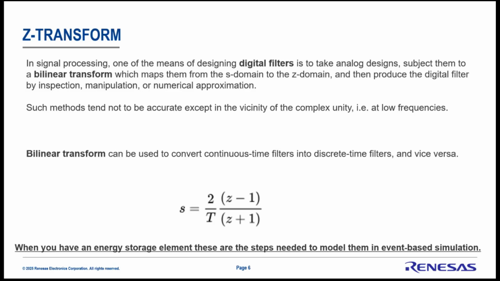This is no different for those who had created old analog filters and wanted a digital filter. It's just, if you're not doing it day to day, it seems a bit complex. But when you've got energy elements, you need to do these steps to get it to work in an event-based solver.